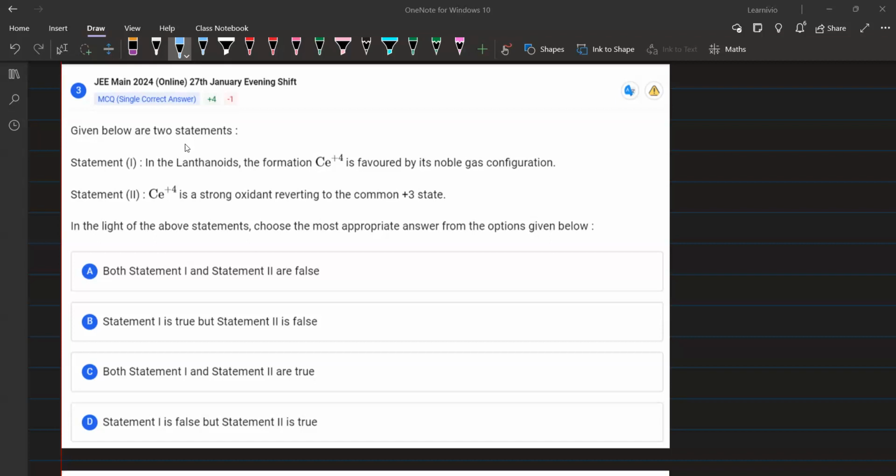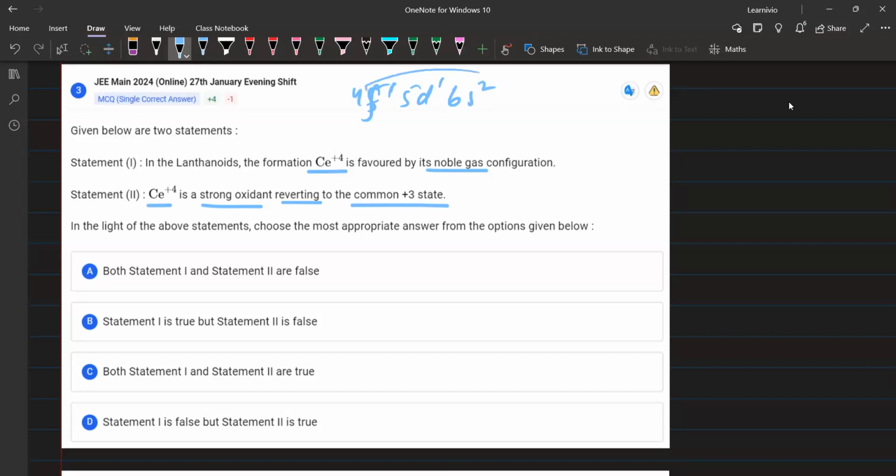In lanthanides, formation of Ce4+ is favored by its noble gas configuration. Ce4+ is a strong oxidant reverting to the common +3 oxidation state. Look here, Ce4+: is it a noble gas configuration? Yes, because it is 4f1 5d1 and 6s2, this is the electron configuration.